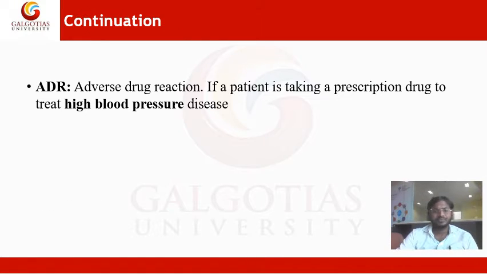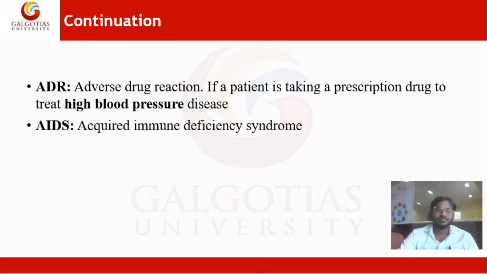And next one here, ADR, adverse drug reaction. When you are taking the prescribed drugs, if you get any symptoms like blood pressure changes or a hypersensitive reaction, we have to mention ADR, adverse drug reaction.